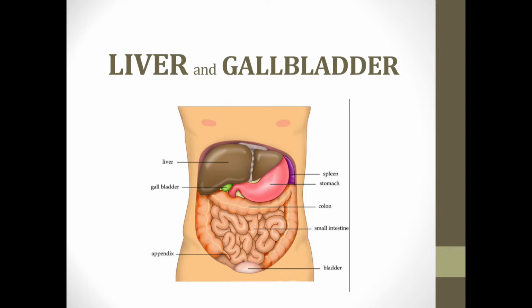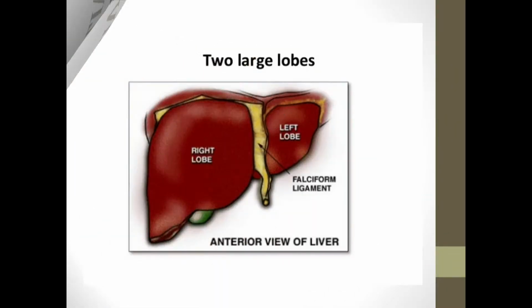The pancreas is an exocrine organ. Now the liver, which is the largest organ of the body, weighs about 1.5 kilograms, 2% of the total weight of the body. The liver is a really very important organ which has many functions.